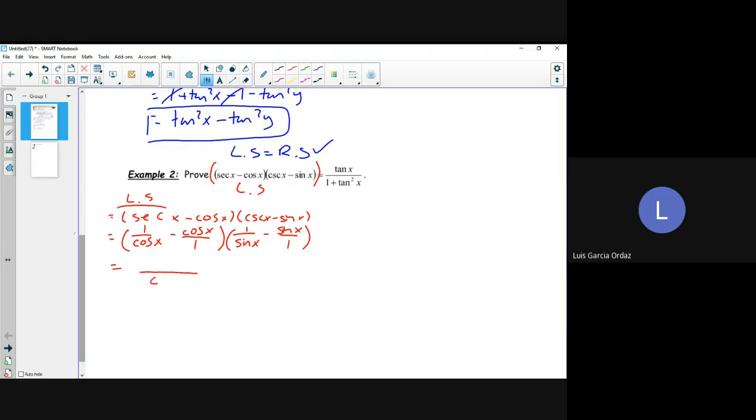So the first one has a common denominator of cos x, and the second one has a denominator of sine of x.